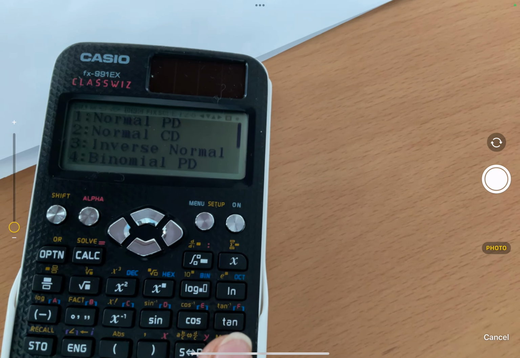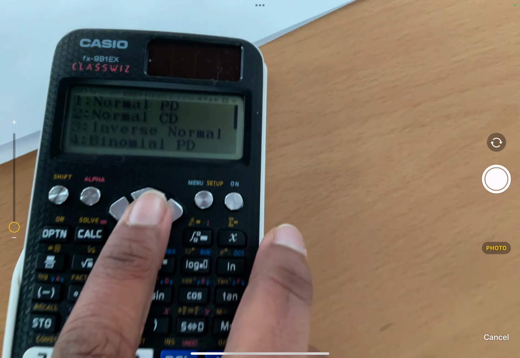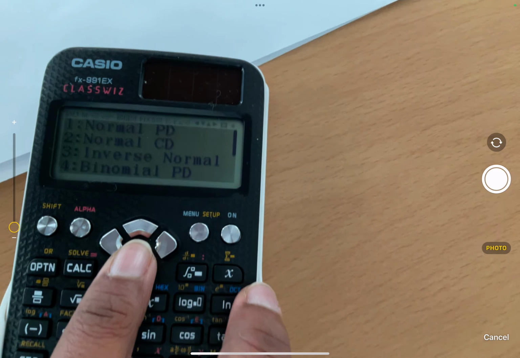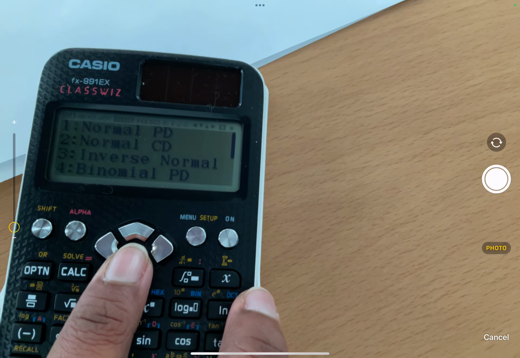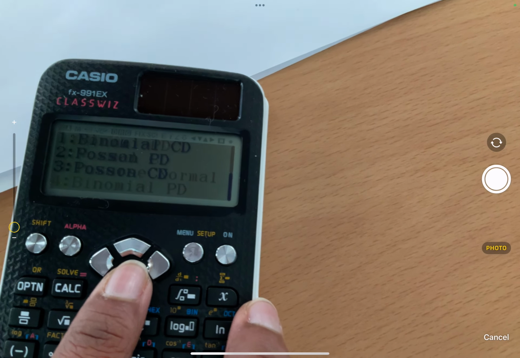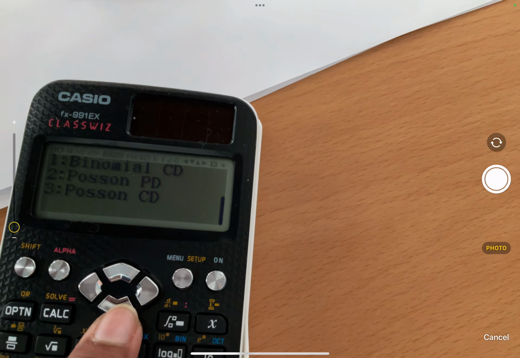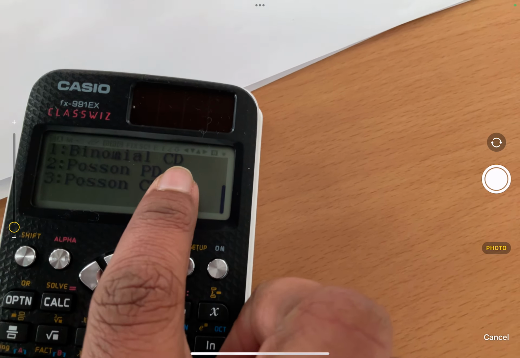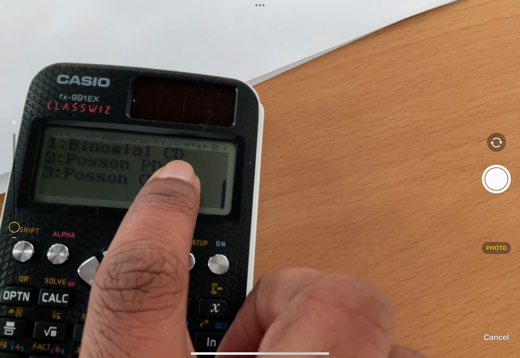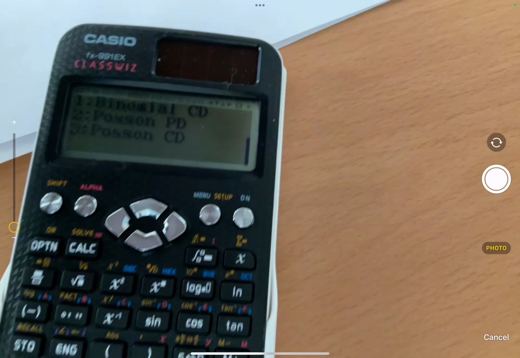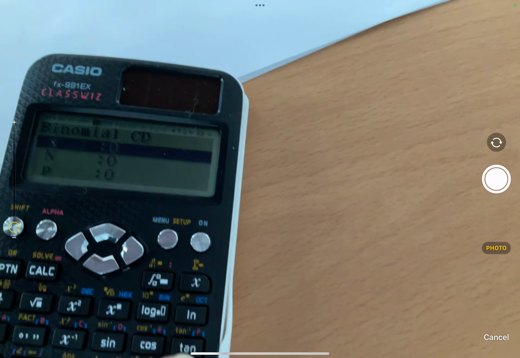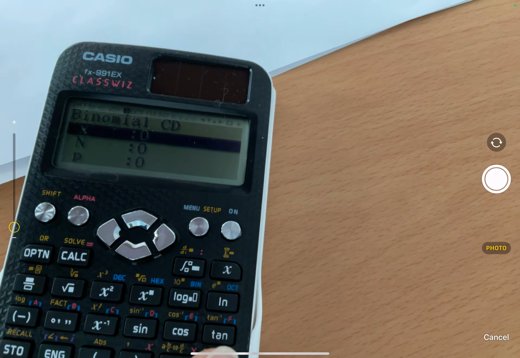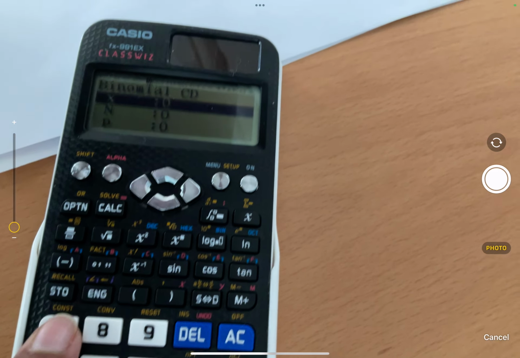So which distribution should I pick? Cumulative distribution. So this is normal PD, normal CD, inverse normal, binomial PD. I want binomial CD, so press the down arrow. That should give you binomial cumulative distribution. Press the equals button, press 1, and then we are doing variable, so that's 2. And then x has to be less than or equal to 7.